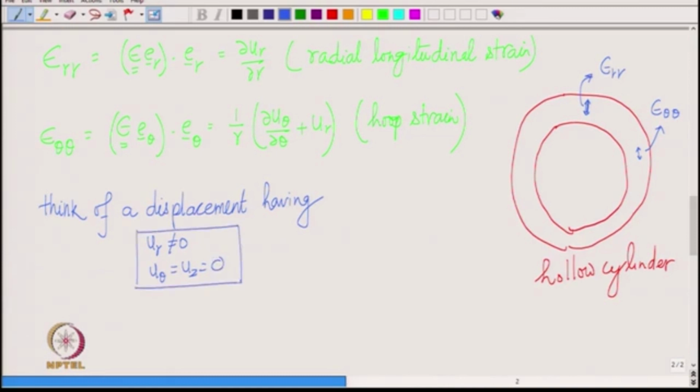All right. So, for such a displacement, what would be epsilon theta theta? So, in this particular case, epsilon theta theta is u r by r. So, that is the unusual term. Now, let us see why that should be the longitudinal strain or the hoop strain.